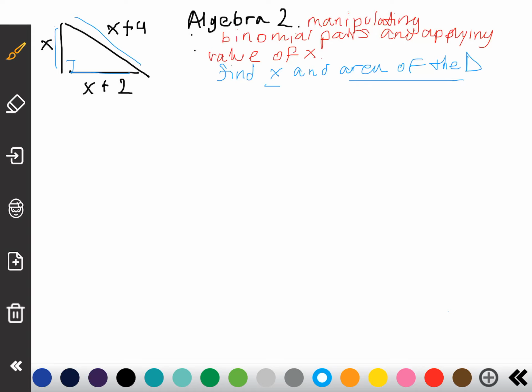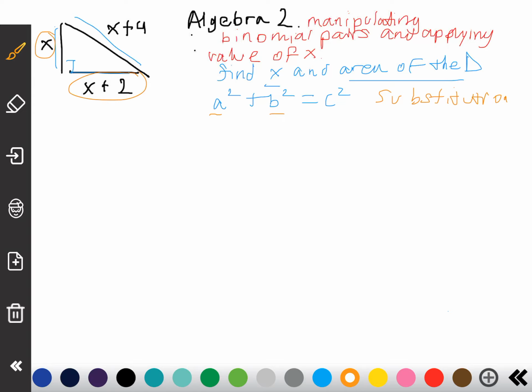So by the Pythagorean theorem, we can state that a squared plus b squared equals c squared. The legs are considered the a and the b, so the legs are x and x plus 2. So we'll be using the substitution property in order to continue with this problem.